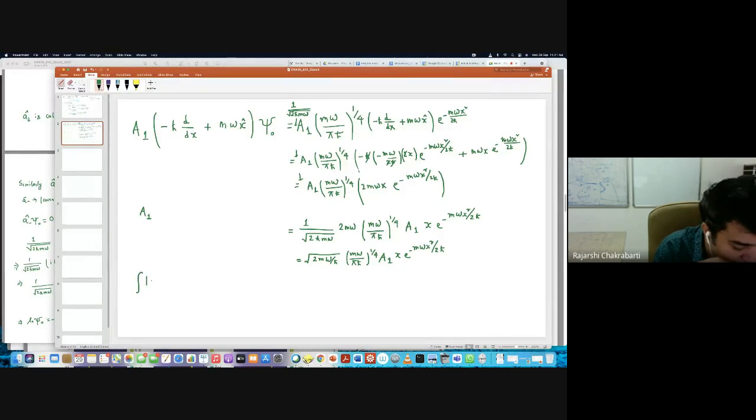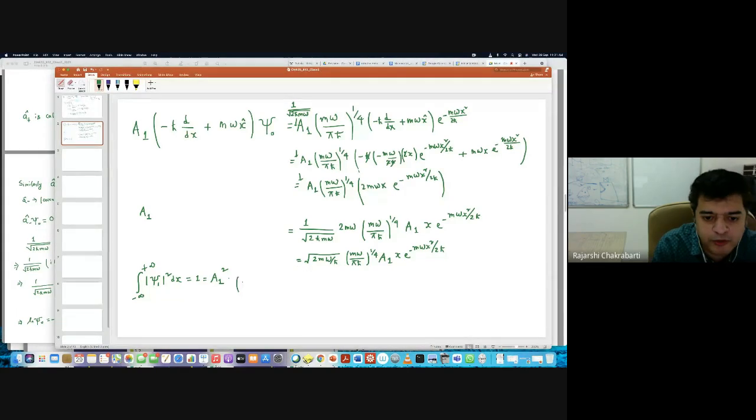So you have to take whatever, I assume, of course, this is a real function. So this has to be equal to 1, which basically means a1 square into, actually you have to make a square of it.